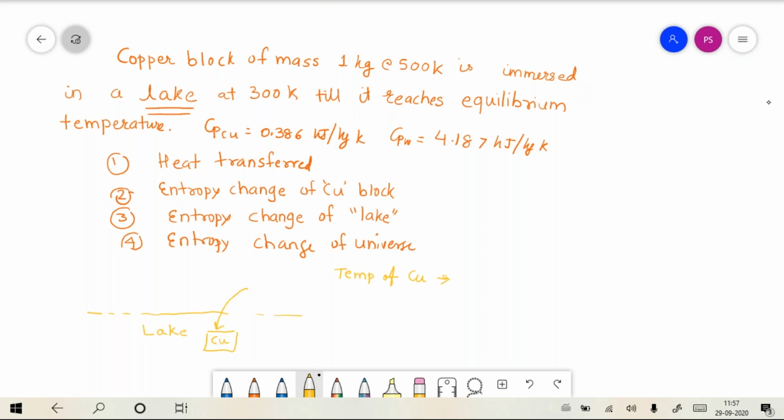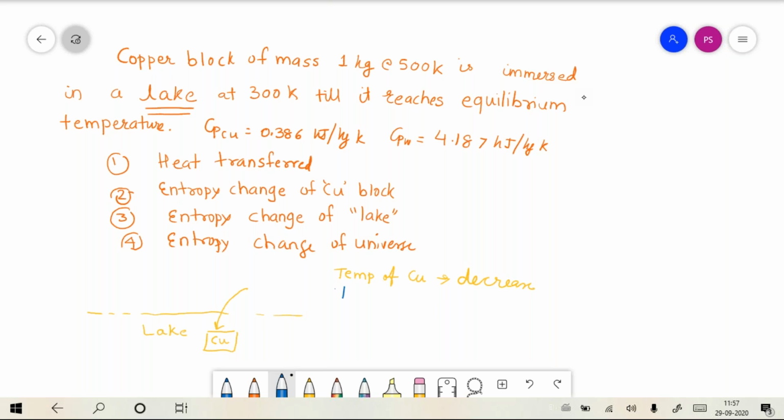It will decrease, right? Pranav, Sairaj, it will decrease. Yeah, Gargi, correct. So the temperature of copper block would decrease.